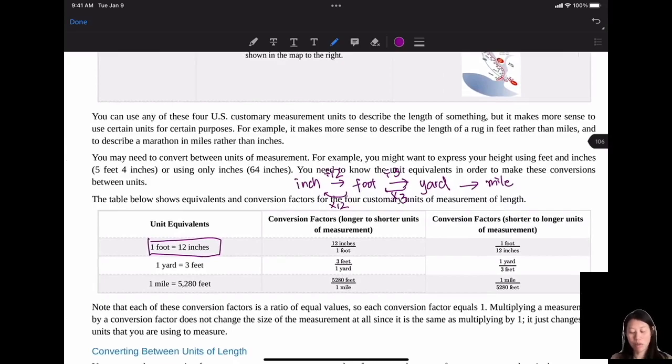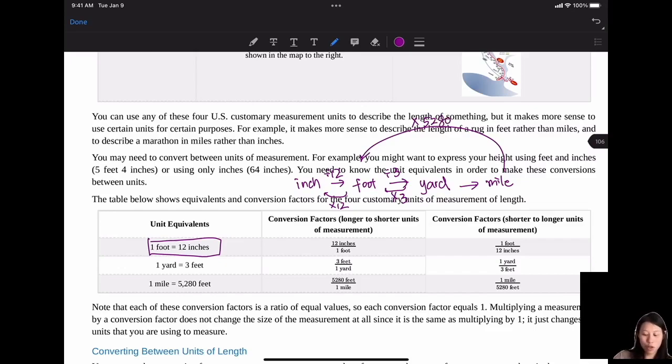And then next, now they tell you that 1 mile equals 5,280 feet. Woo! That is a huge jump. So from mile to foot, you want to times 5,280.